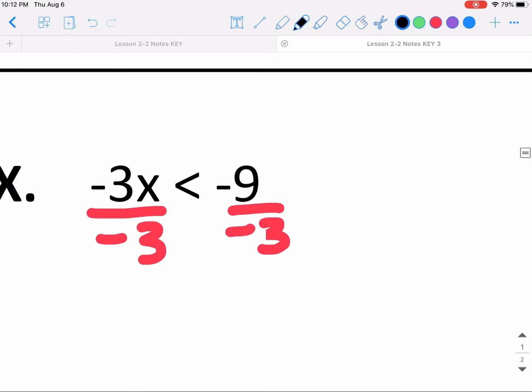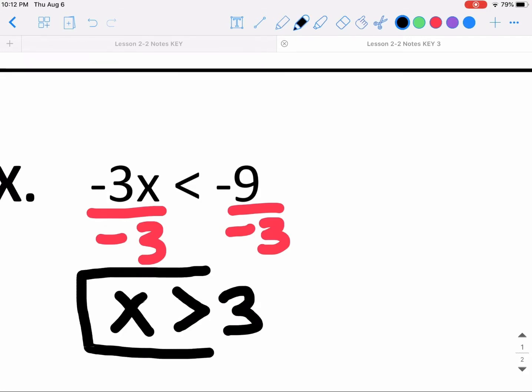And then when I divide by a negative number for an inequality, the sign is going to flip. So instead of less than, I'm going to have greater than. On the left-hand side, I'm going to have x, and on the right-hand side, I'll have +3. So this is the inequality I get when I isolate x by itself.